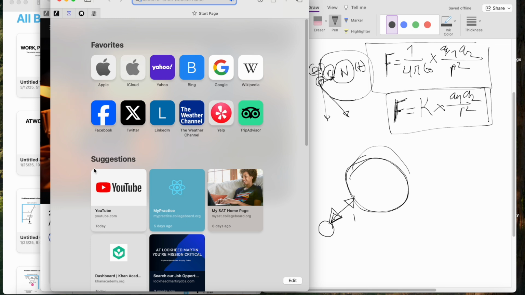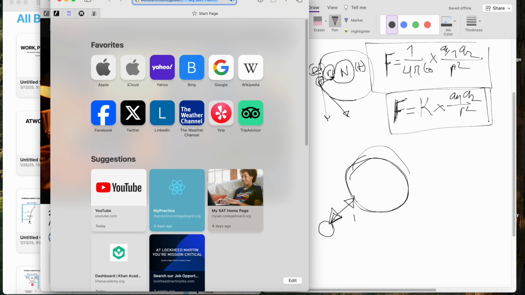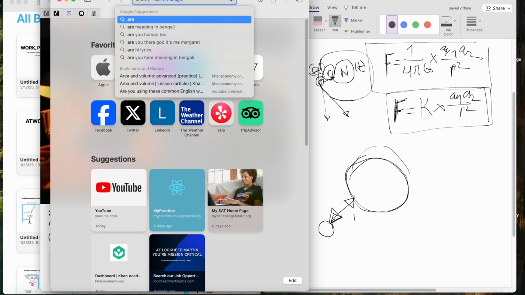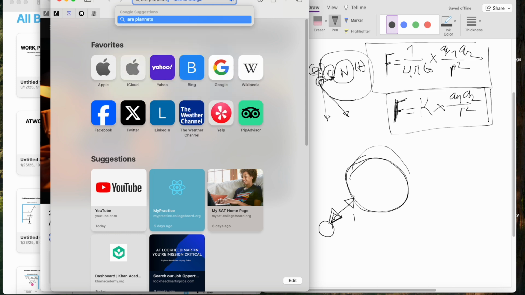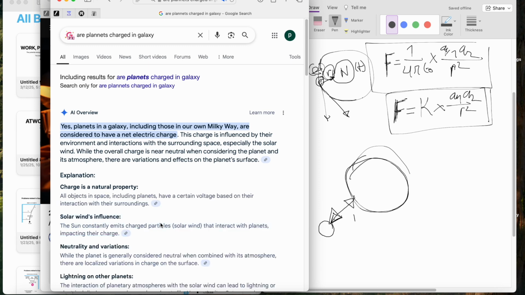Let's say, are planets in a galaxy charged? Yes, planets in a galaxy, including in our Milky Way, are considered to have a net electric charge, right?